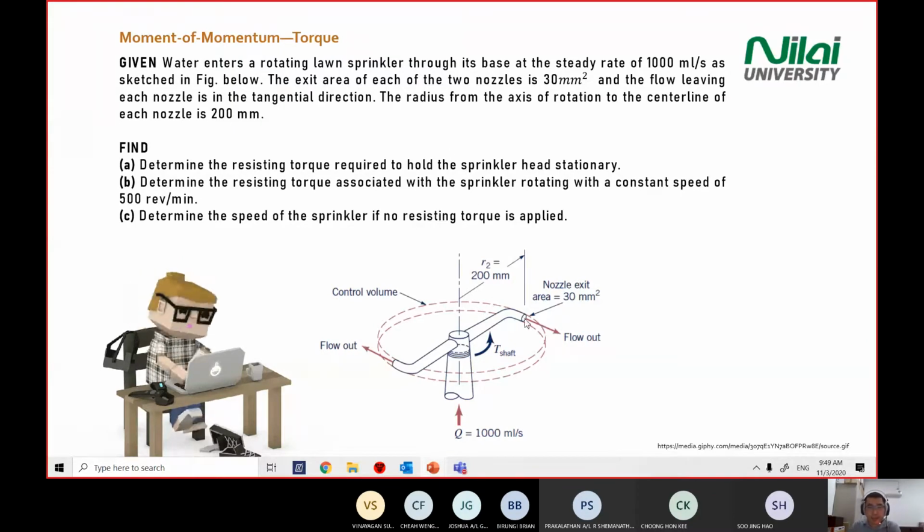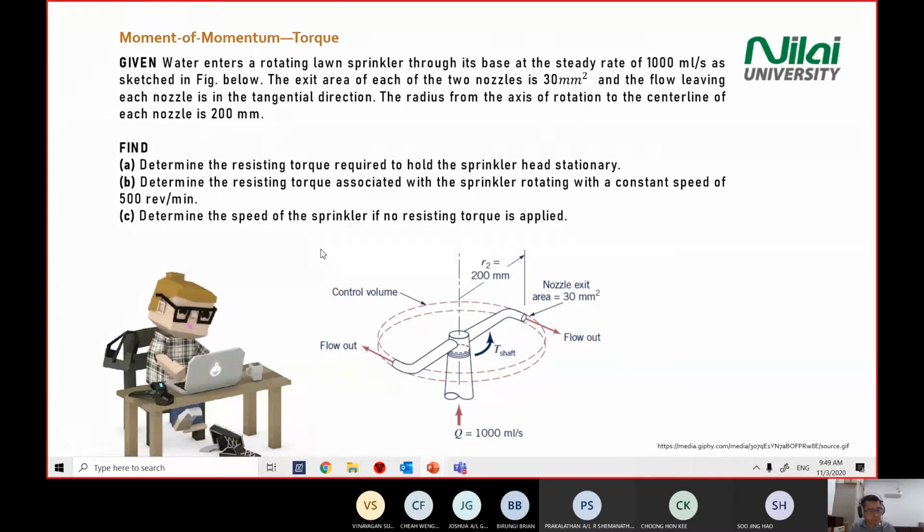Section 1 area is given, which is here. Section 2 area is given, 30 mm squared. Flow from each nozzle is in the tangential direction. Radius from center is 200 mm. So again, be careful with the conversion of units later on. ml has to change to meter cubed, mm squared changes to meter squared, mm changes to meter.